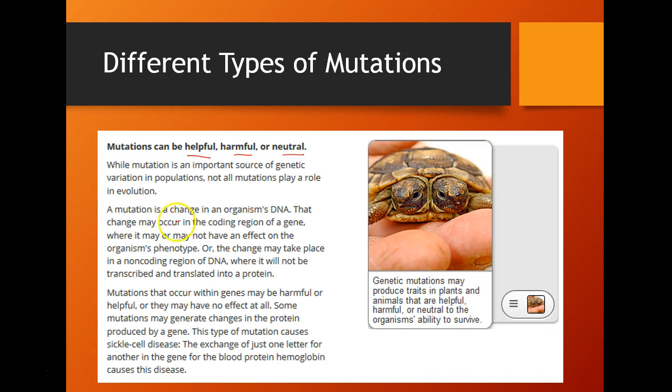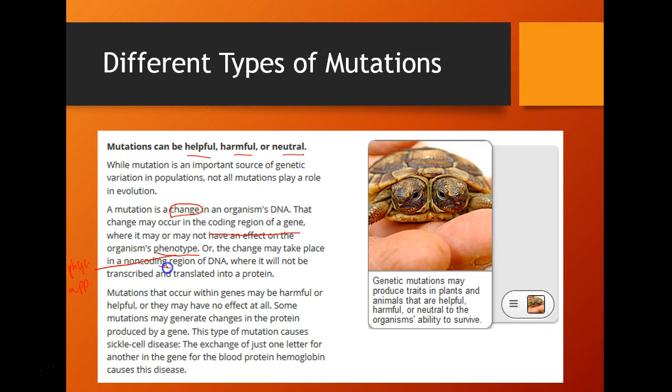Remember, a mutation is a change in an organism's DNA, and that change could happen in a coding region of a gene, which means it would affect the phenotype, or we can call it the physical appearance. So it can actually affect how an organism looks.